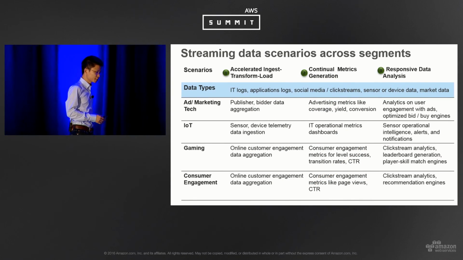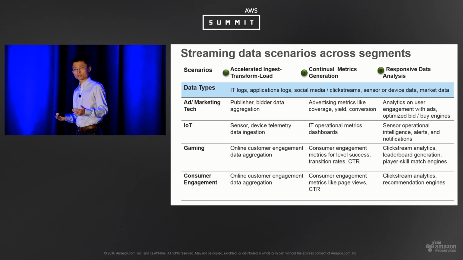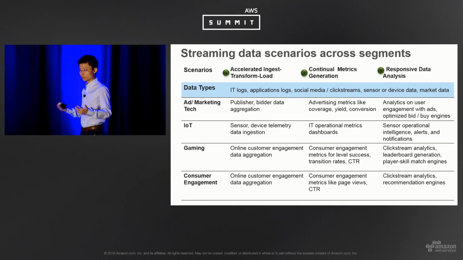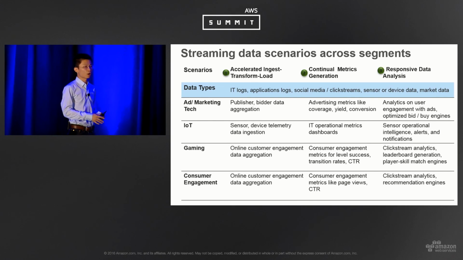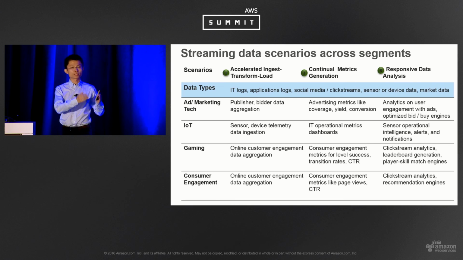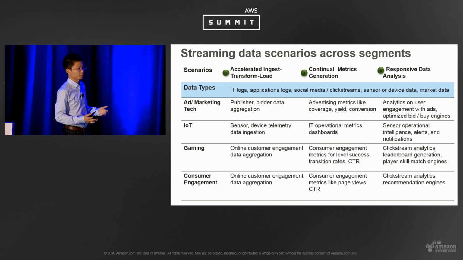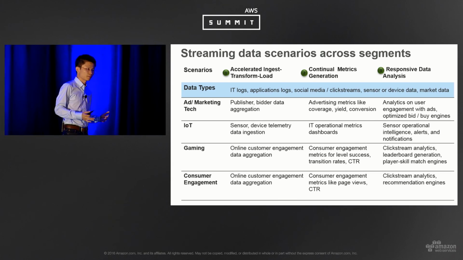We do see adoption from customers across different industry segments, for different use cases, using different data in a streaming manner. But we often see customers' streaming data journey go through 3 different phases. The first phase is what we call accelerated data ingest, transform, and data load.